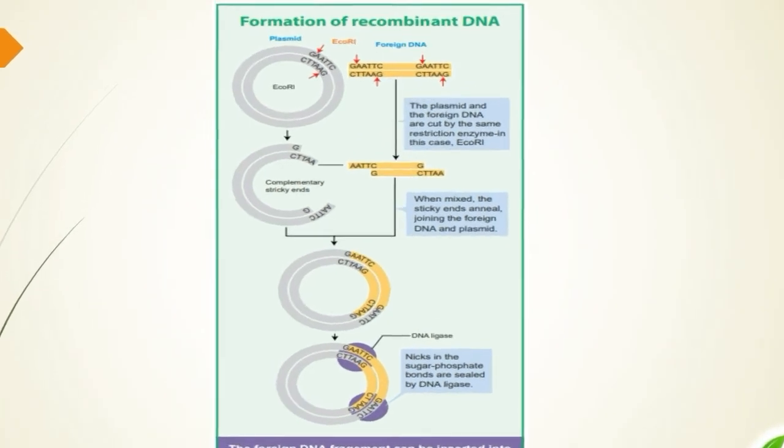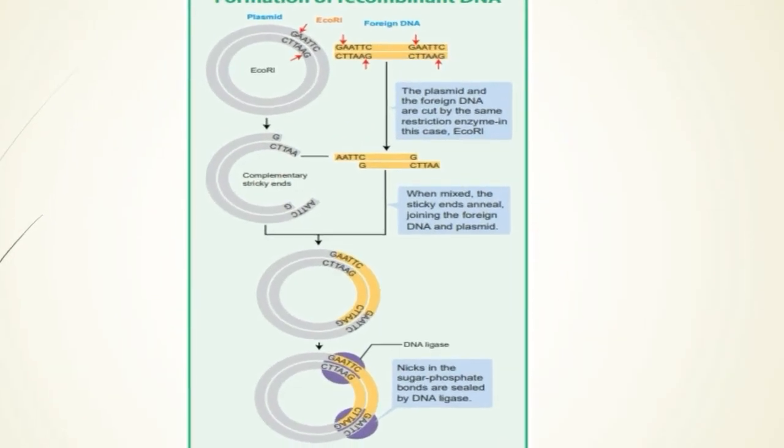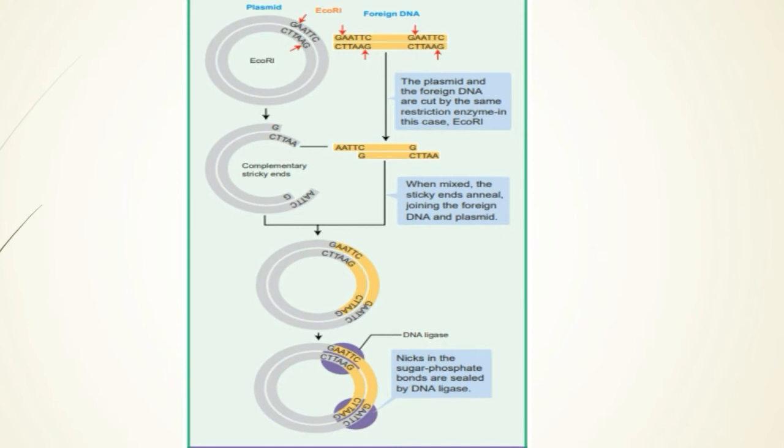So this picture shows the formation of recombinant DNA. For the recombination to take place, we need a foreign DNA. This foreign DNA will be ligated to the plasmid. This plasmid will serve as a cloning vector or vehicle. So for that, we have to cleave this plasmid, and so this foreign DNA can be inserted into the vector.